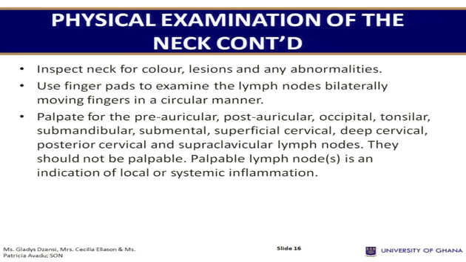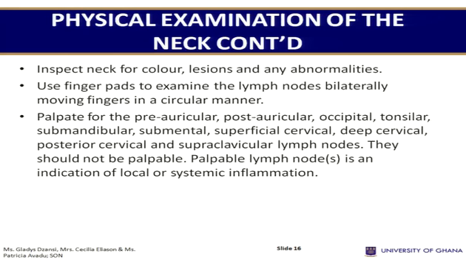Then use the pads of your fingers to examine the lymph nodes. So if this is our patient, with the pads of the fingers, we examine the lymph nodes, starting with the pre-auricular, post-auricular, the occipital. Our patient's neck is so short, so we will not be able to see the other ones.